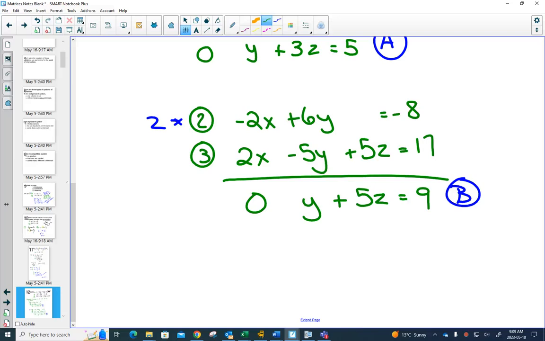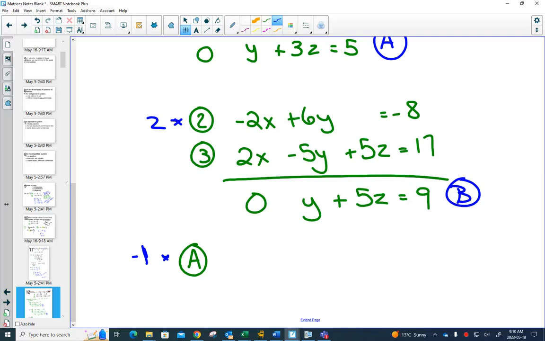What we've done by choosing to eliminate one variable in two different ways is we created equation A and B, which are now two equations with two unknowns. What can you do with this? Well, I would probably take equation A and multiply it by a negative 1. Some people who are comfortable would just say, I'm going to just subtract instead of add them.